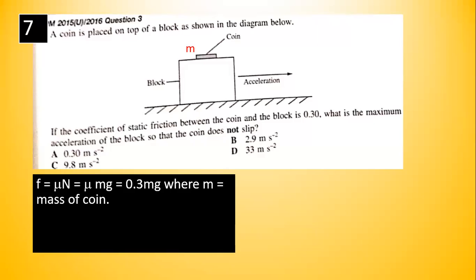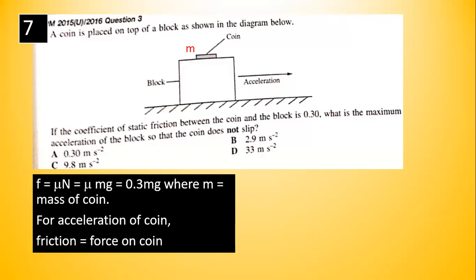By right, you should do step by step. Okay, I'm not sure whether it's right or wrong. Let's see. That's how I would do it. All right, mass of the coin. So for acceleration of the coin, friction equals to force on the coin. There's a friction force on the coin, a force on the coin forward by this block.